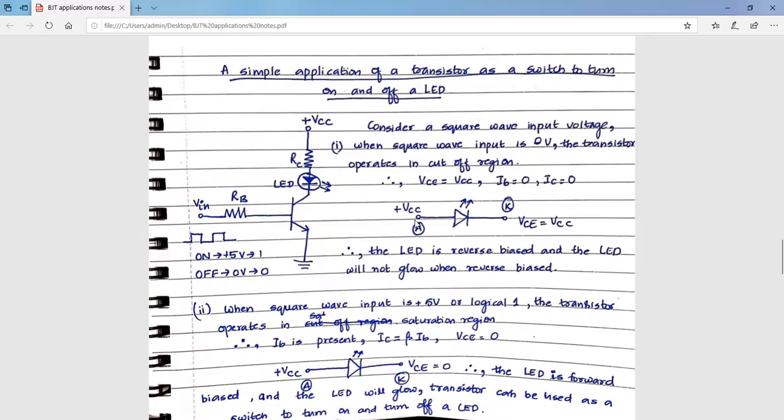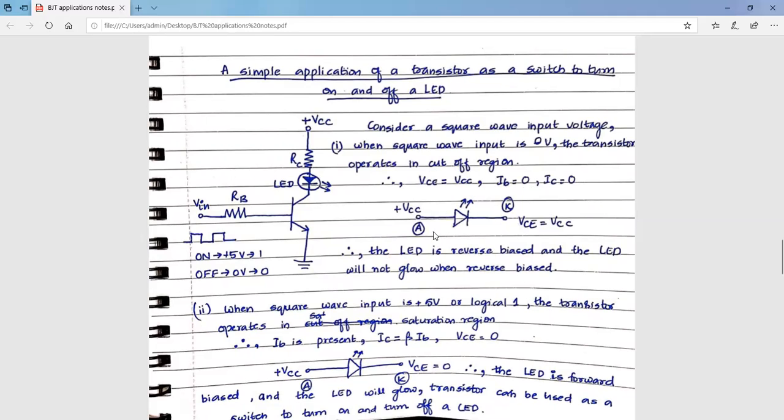Now for the LED, what happens? The LED's anode terminal is connected to VCC voltage, and your cathode terminal, that is your VCE, which is present here, the voltage across that is also VCC. Now if you want the LED to glow, the LED has to be forward biased.